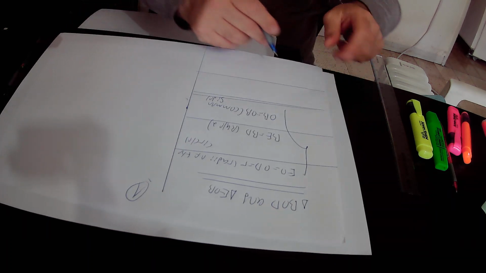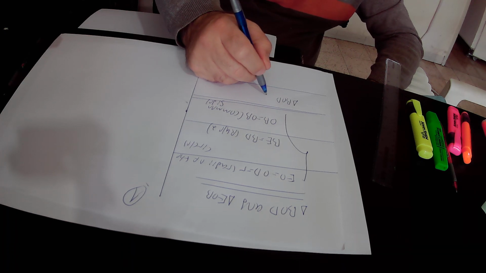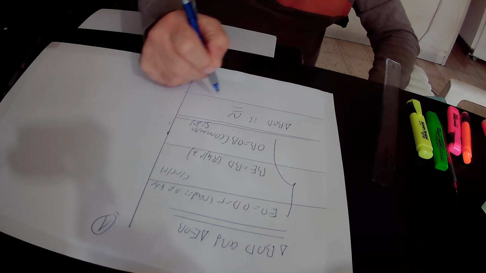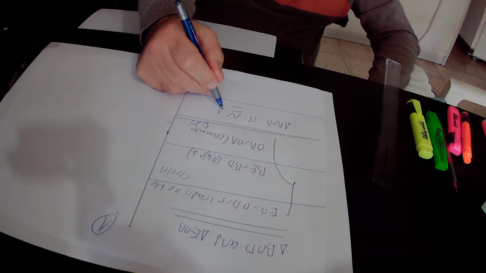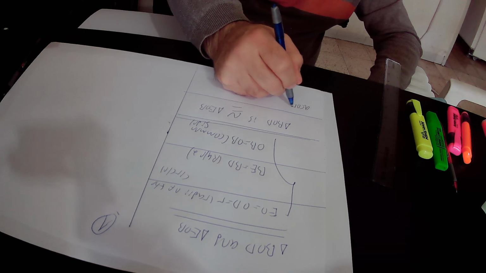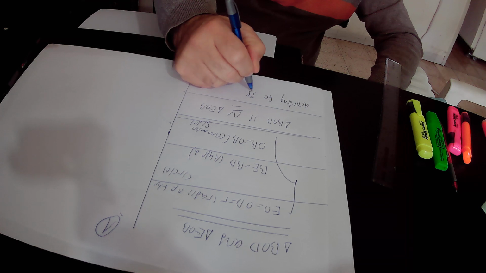The green triangle BOD is congruent to the yellow triangle EOB according to the side rule.